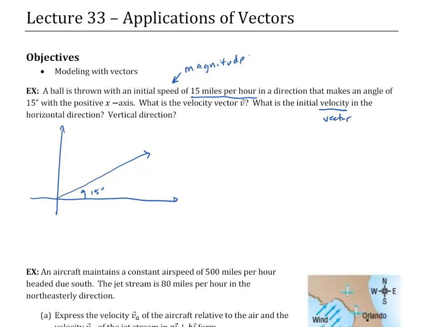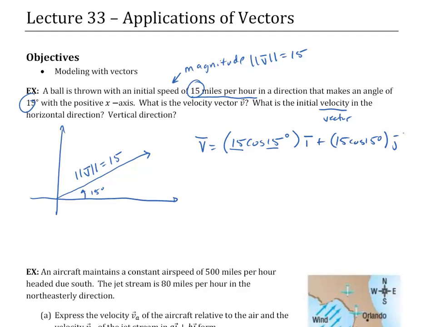So the magnitude of v is 15. So this length here is a length of 15, and we know its direction angle is 15 degrees, which means that v would be 15 times cosine of 15 degrees, where the 15 here comes from the speed and the 15 here comes from the direction angle, times i plus 15 sine of 15 degrees times j.